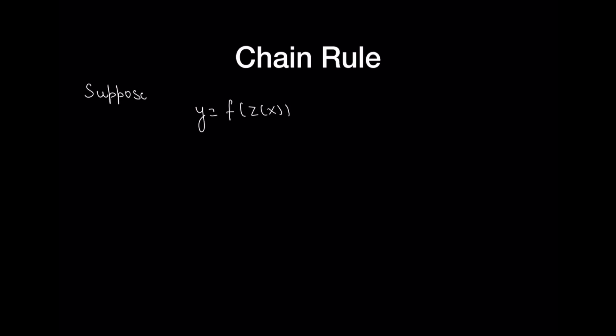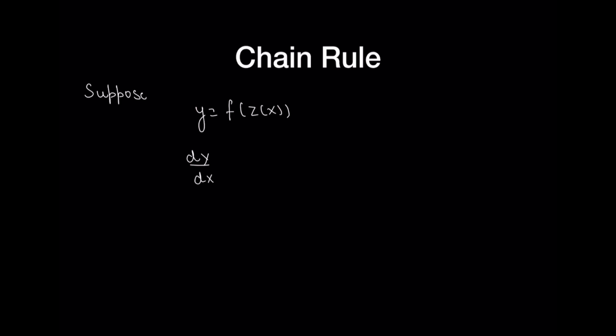Now let's meet our next tool, the chain rule. The chain rule is a very important tool in the case of derivatives, and we are going to learn it now. Suppose y equals f of z of x, and I want to take the derivative of y with respect to x.